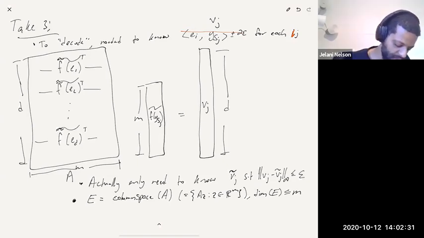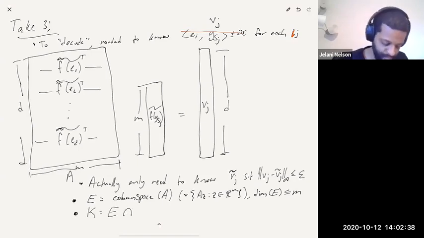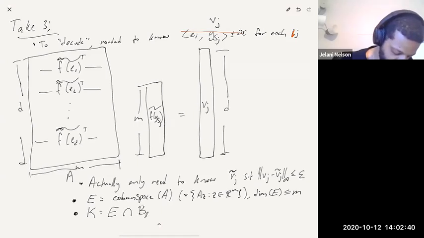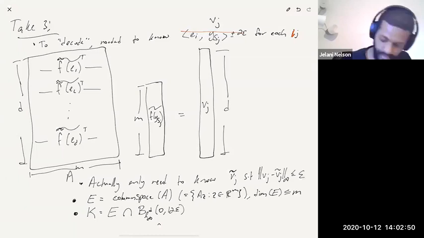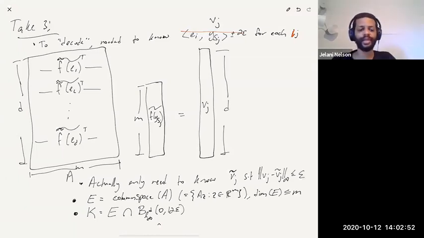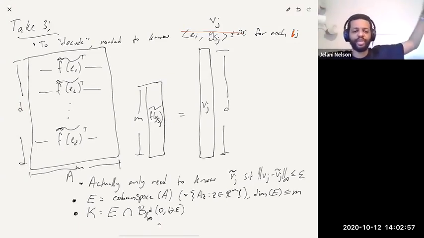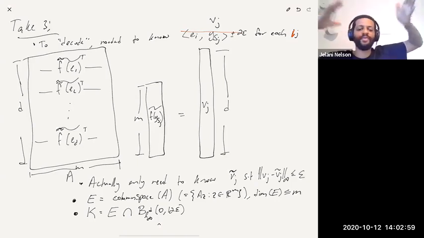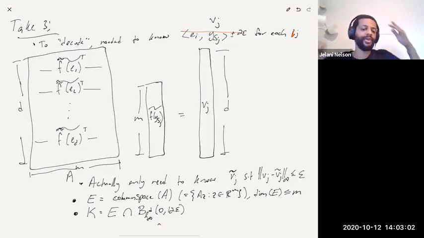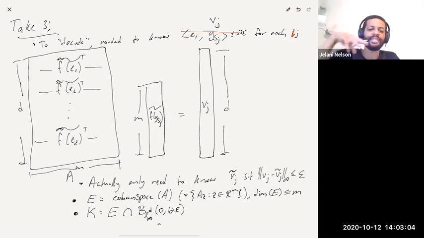Now I can define a symmetric convex body K to be E intersected with the L infinity ball in d dimensions, around the origin, of radius 12 epsilon. So it's the intersection of this L infinity ball, which is a cube with side length 24 epsilon in every dimension, with some m-dimensional subspace.